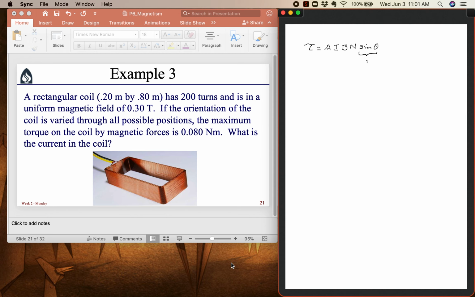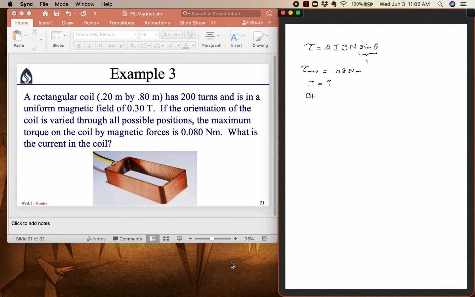So we can write down the values that we have that are given to us in this problem. We know this maximum torque that occurs when the sine of theta is equal to 1, and that's 0.08 newton meters. We also know the amount of current, which is what we were looking for.